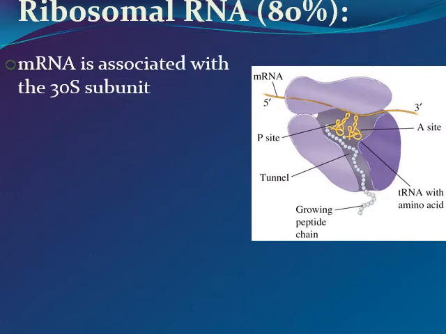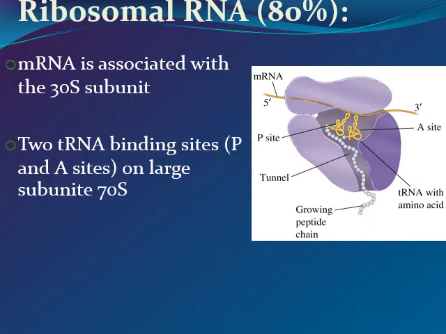Each ribosome has a binding site for the messenger RNA on the small subunit and two binding sites for tRNA on the large subunit.